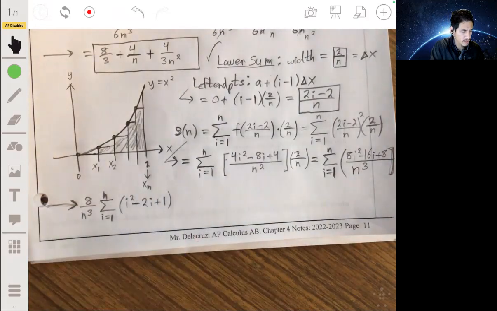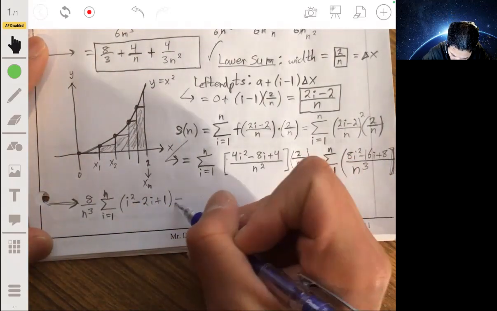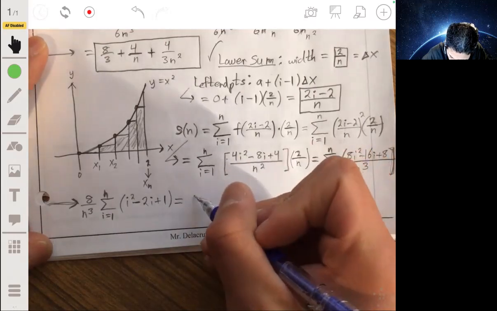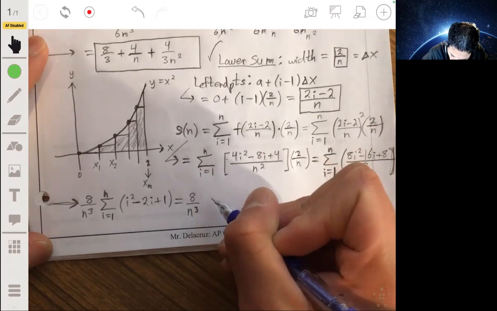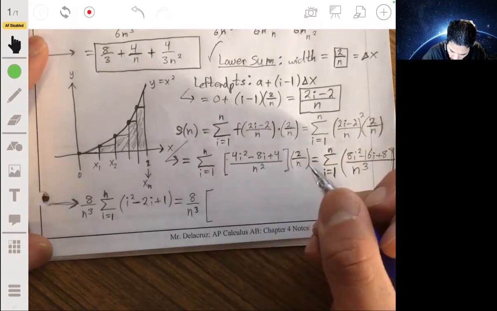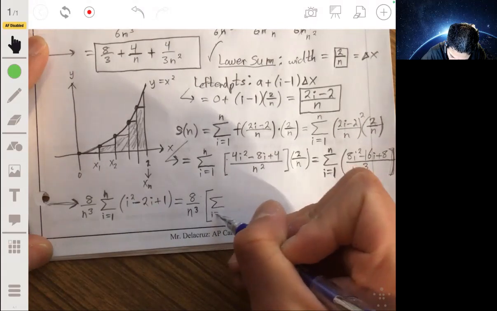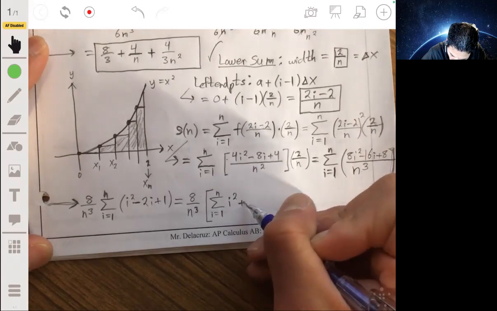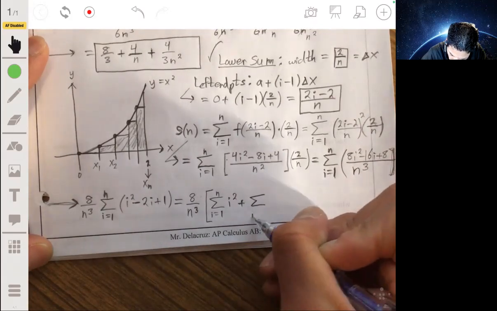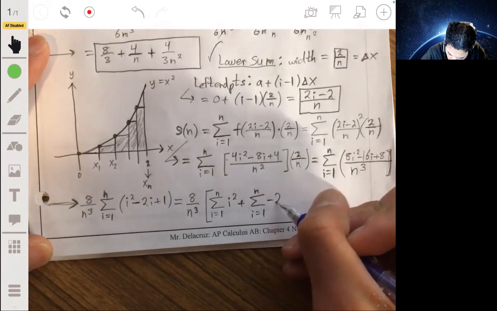Now here we're going to break this up into three sums. So we're going to have 8 over n cubed multiplied by the sum from i equals 1 to n of i squared, plus the sum from i equals 1 to n of negative 2i.